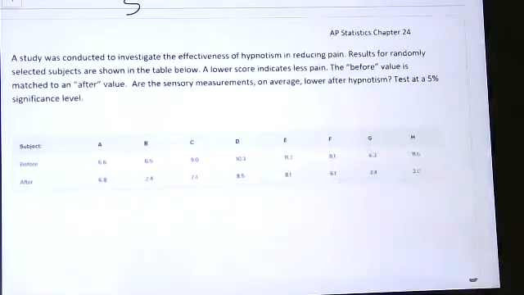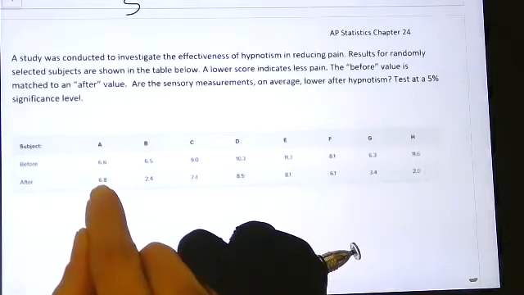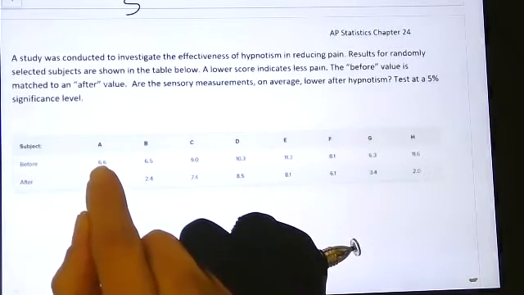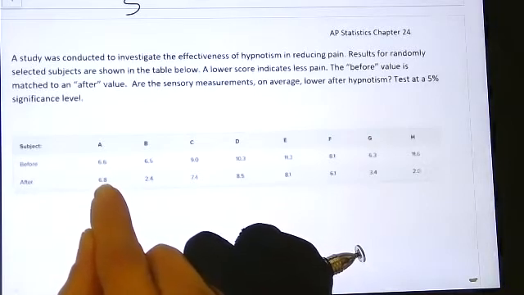So there are 2 samples here, but do you see why they are paired? In other words, this number is not independent of that one. It's the same person. So the baseline level of their pain before the treatment needs to be taken into consideration.